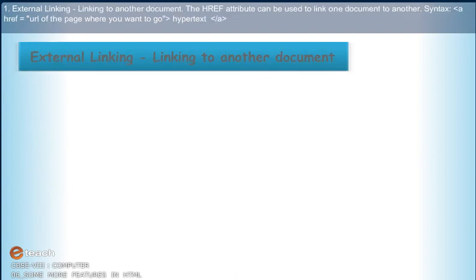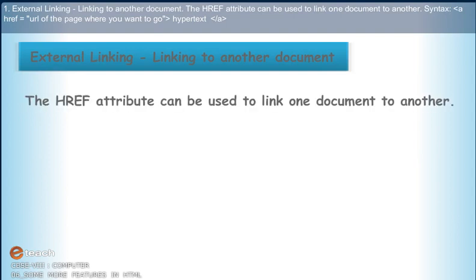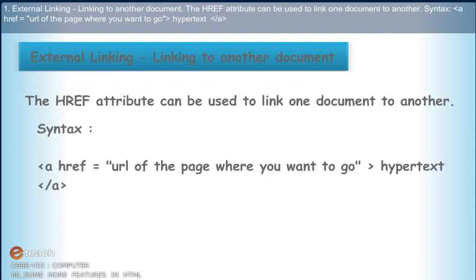External linking. Linking to another document. The href attribute can be used to link one document to another. Syntax: open tag A href is equal to URL of the page where you want to go, close tag, hypertext, closed A tag.